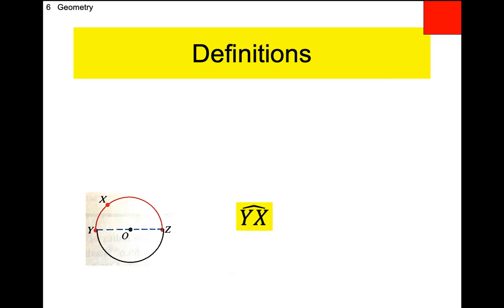Yes, we do. What is the red? 180 minus Y. So how big is YX? Whatever 180 minus XZ was, right? How would you find XZ? Same idea, right? Either you know what YX is or you don't. If you don't, then you notice that it's a semicircle, 180 minus whatever that is.